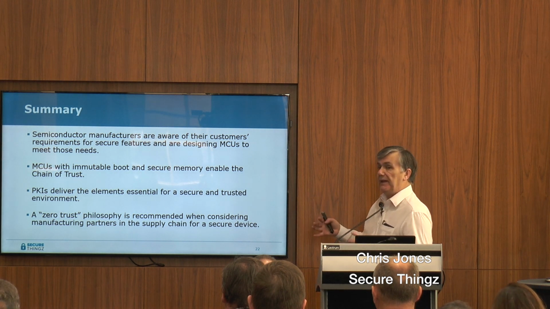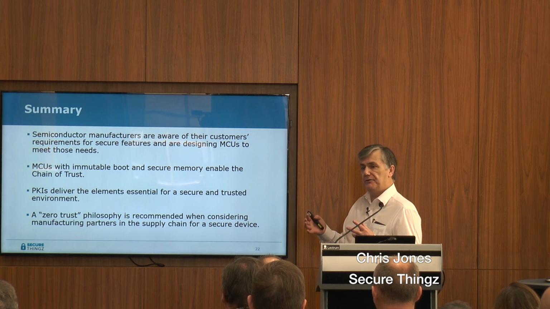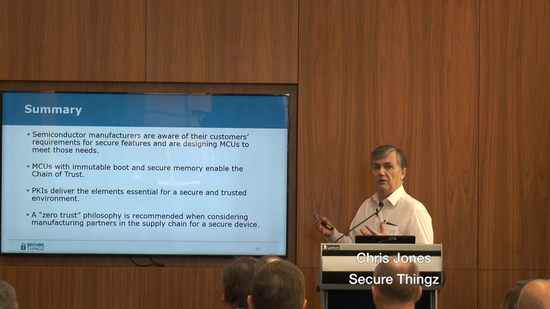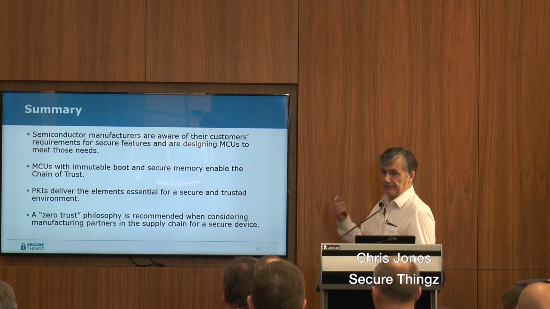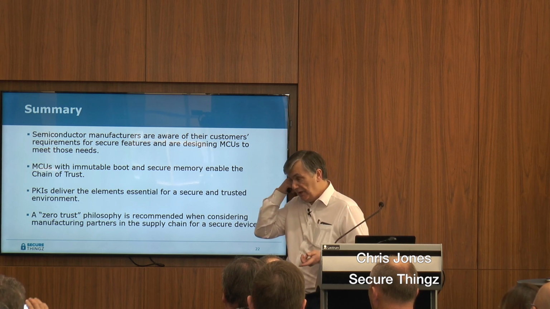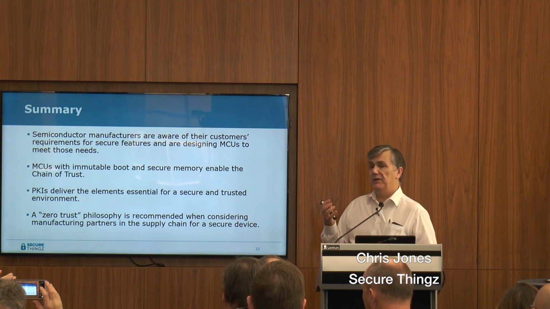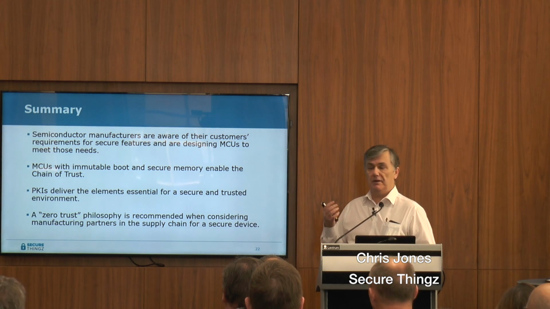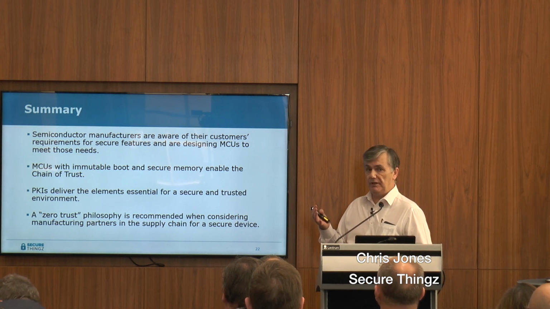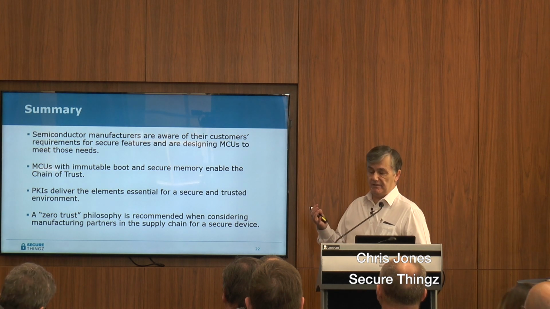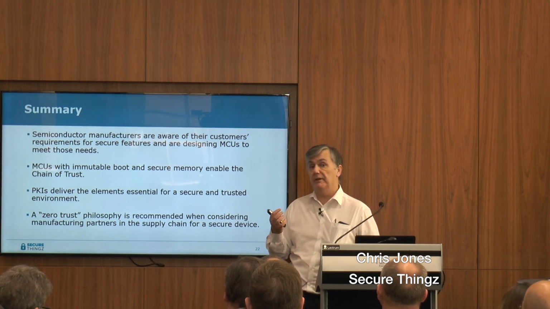So one of the things that's really encouraging in the industry, we talk about security a lot. We're all here today, and we've seen a lot of bad press in the news. But the great thing is that the semiconductor guys are seeing this as an opportunity, and they're racing to be the best secure devices out there.